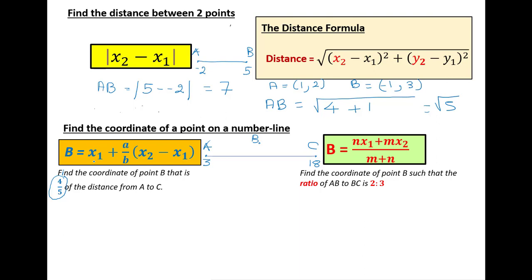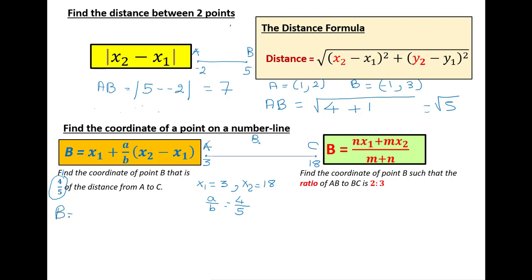Now, we're going to apply this rule immediately. First, write our givens. We have x1 equals 3, x2 equals 18, and A over B equals the fraction. So the rule has a fraction, and the problem has a fraction. So we apply this rule that has a fraction.